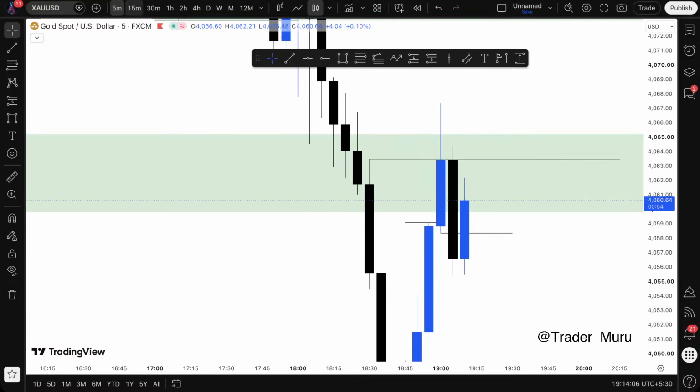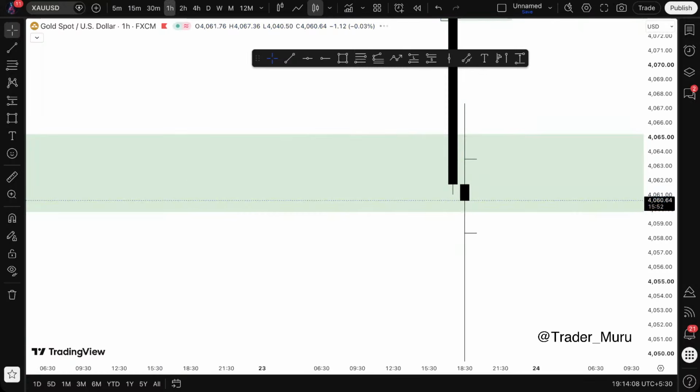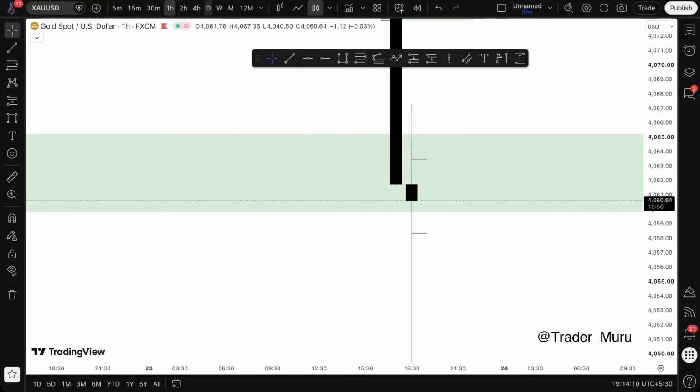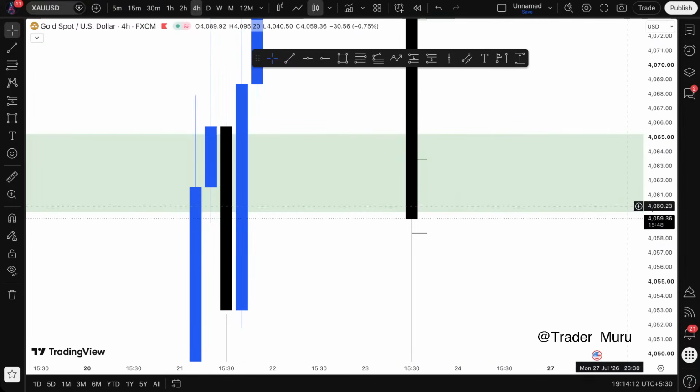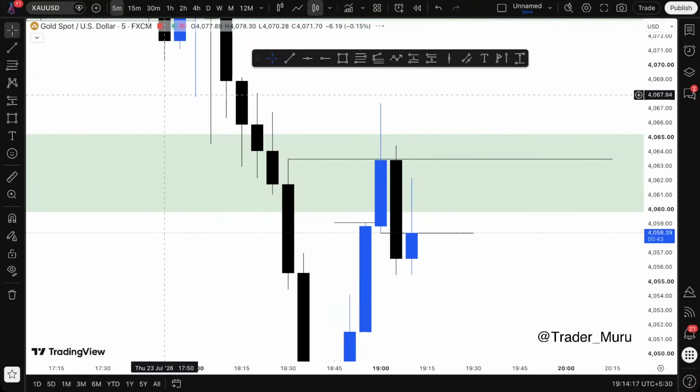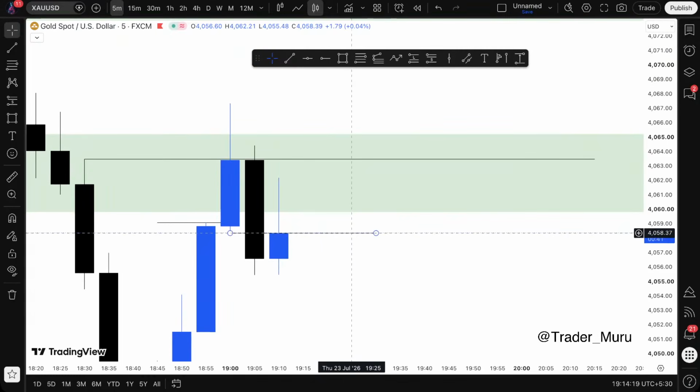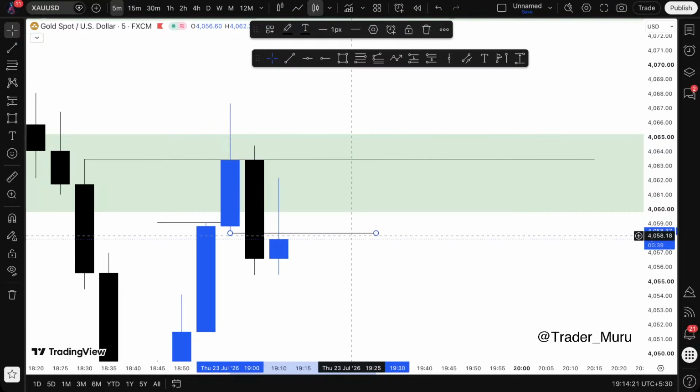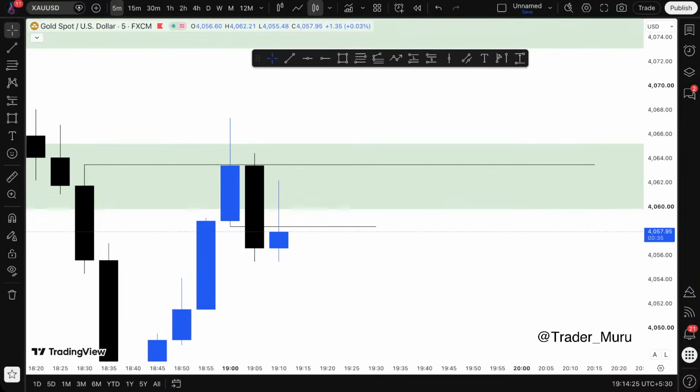Looking at 5-minute and 15-minute, already looking bearish. 1 hour and 4 hour about to close in the next 15-minute candle. Price is trying to close below this retest area. So we will definitely try one shot here.